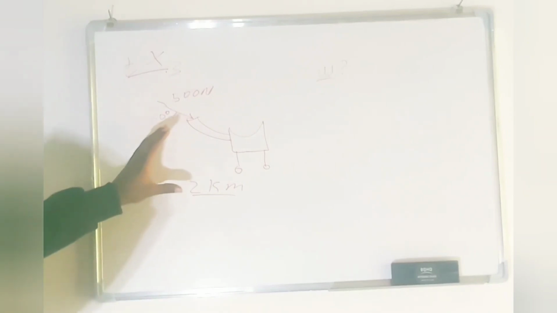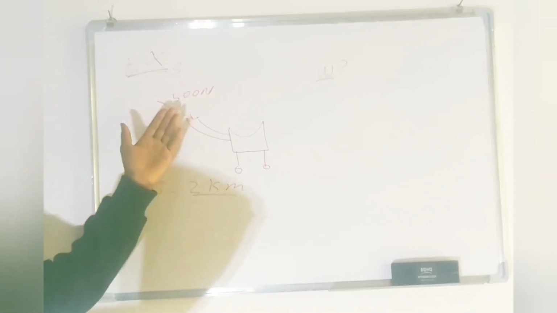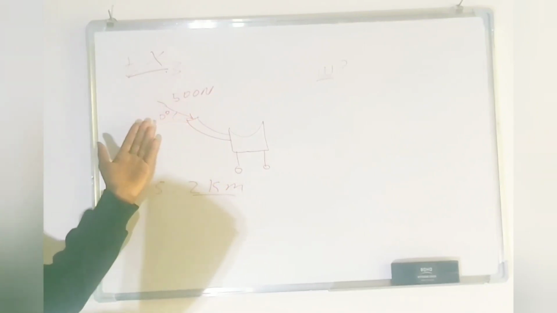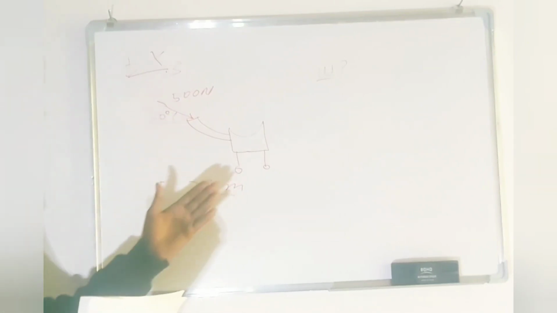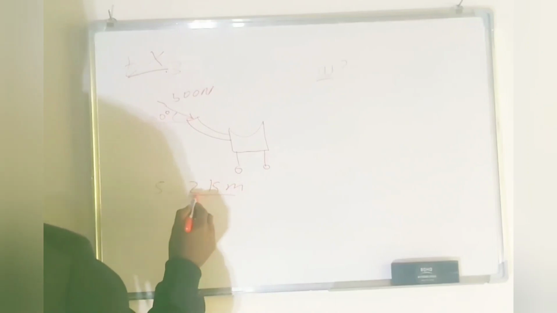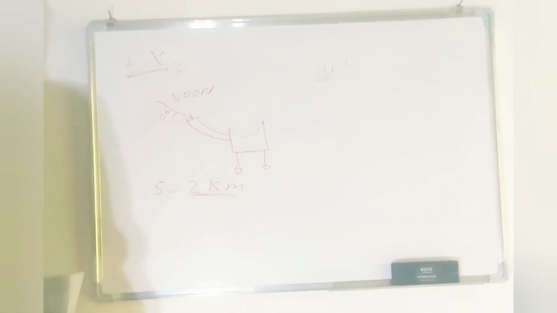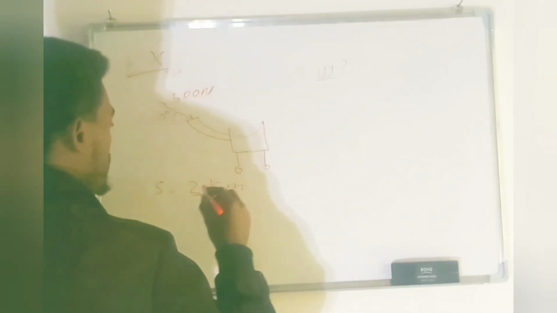This shopping cart is pushed by 500 Newton at an angle of 30 degrees, and it traveled 2 kilometers. So now we can find the work done on this shopping cart.